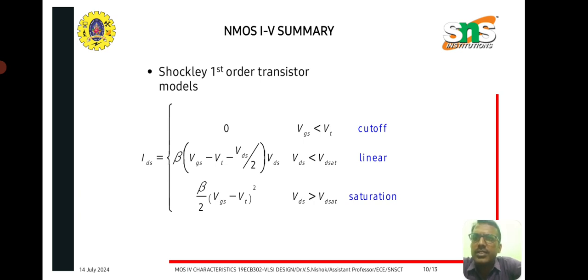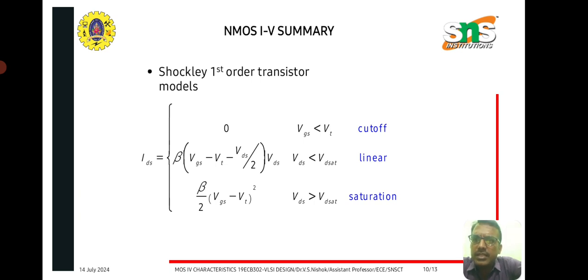As we discussed, three regions are there. For the cutoff region, IDS will be equal to 0, and for the linear region we have the IDS value as derived: beta into VGS minus VT minus VDS by 2, into VDS, when the condition is VDS less than the saturation voltage.